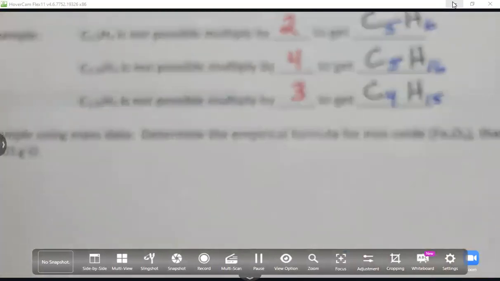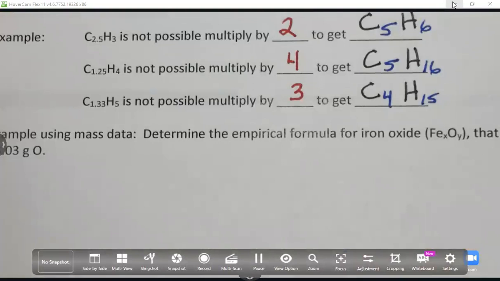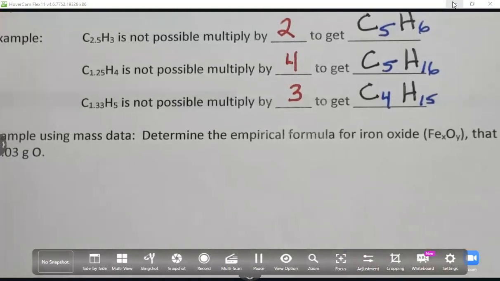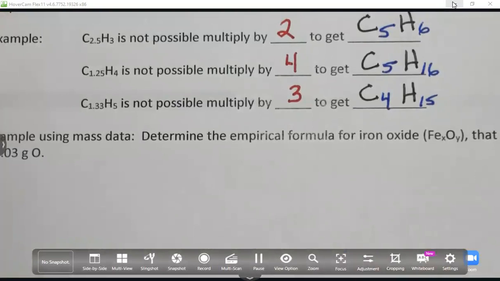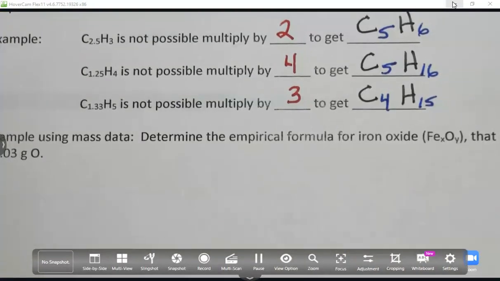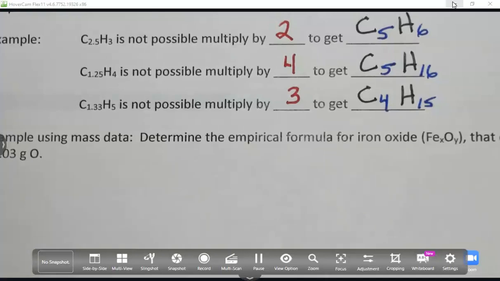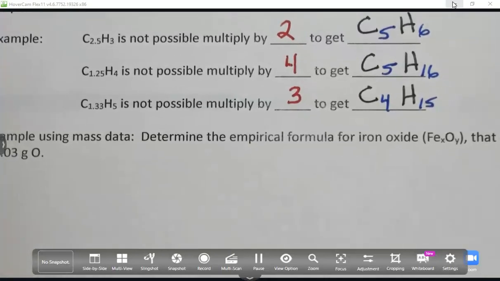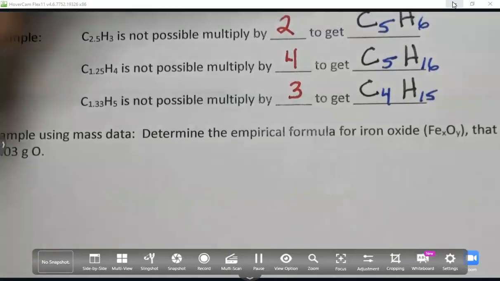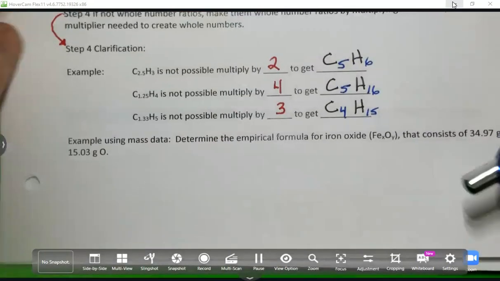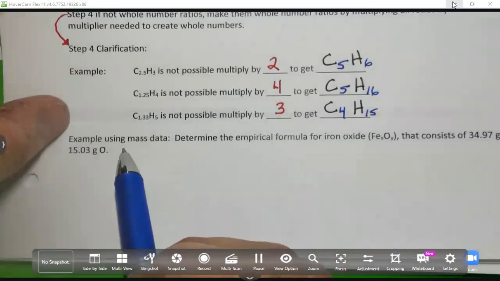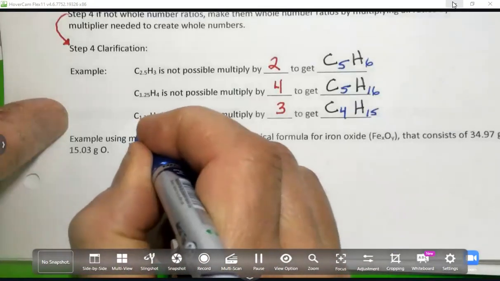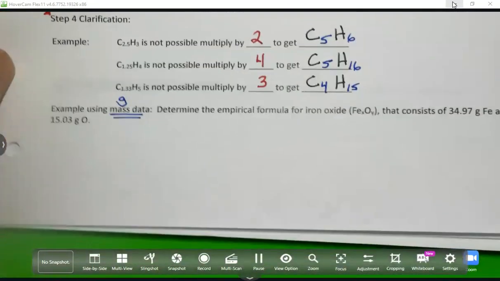Okay, let's put this all together. There are a couple ways to do this. I do it for all of them because later on we're going to solve similar situations with the same approach. Okay, using mass data. So we're going to be doing grams, not percent composition.